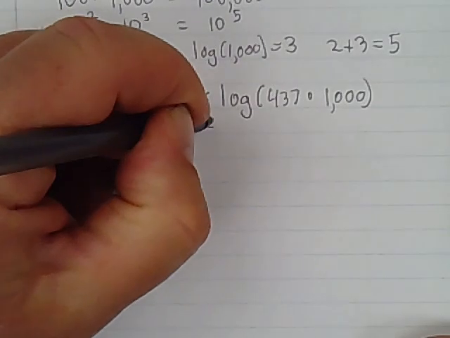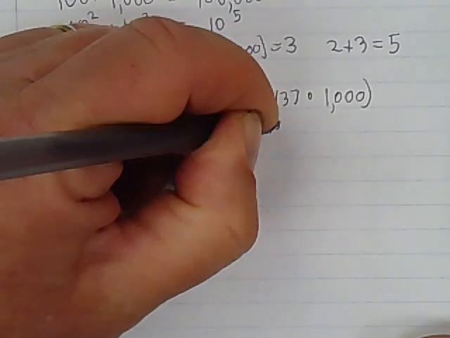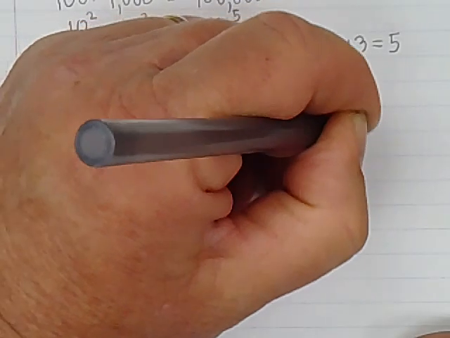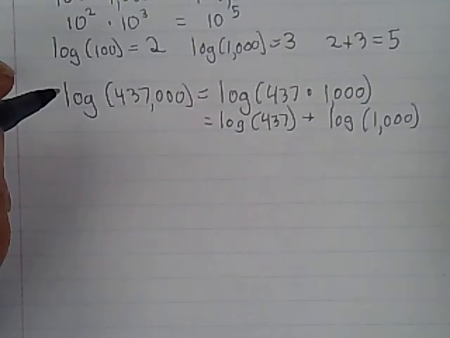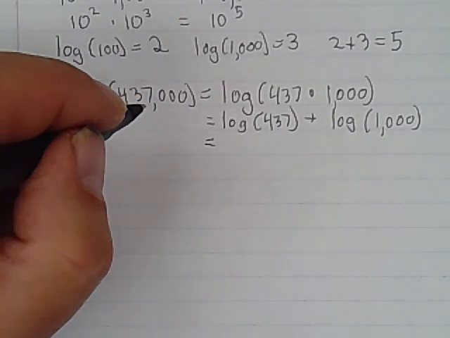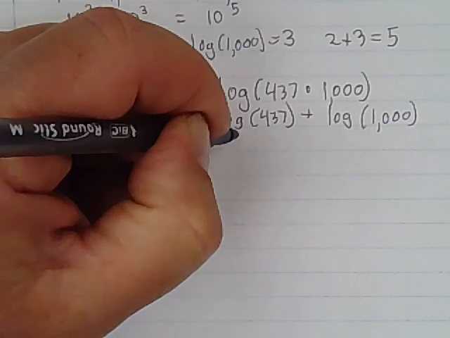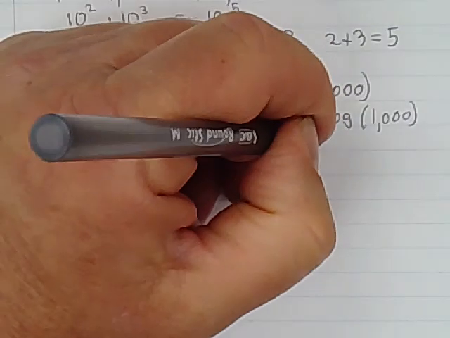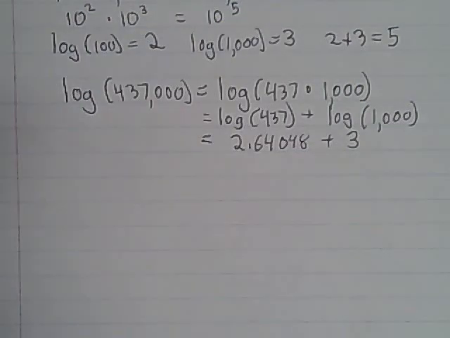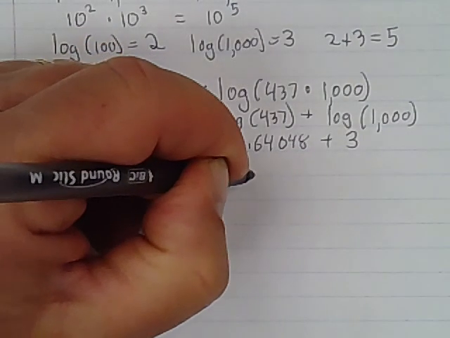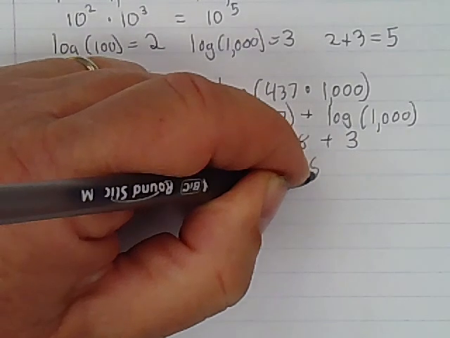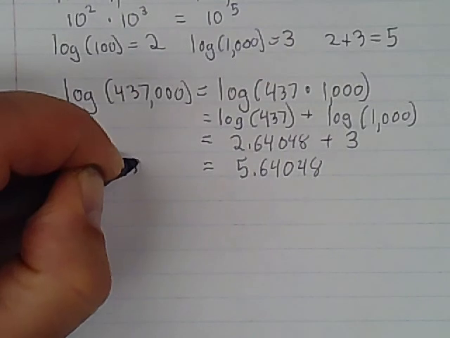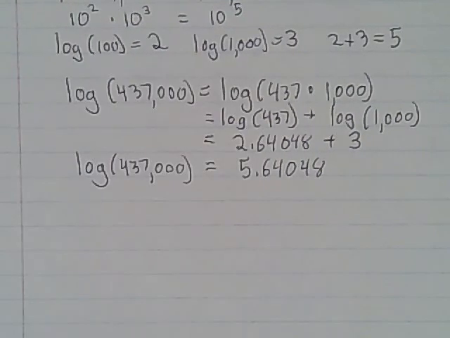Why, that would be the log of 437 plus the log of 1,000, which now you can do in your head, because the log of 437 we wrote down as 2.64048, and the log of 1,000 is 3. So the answer is 5.64048 is the log of 437,000.